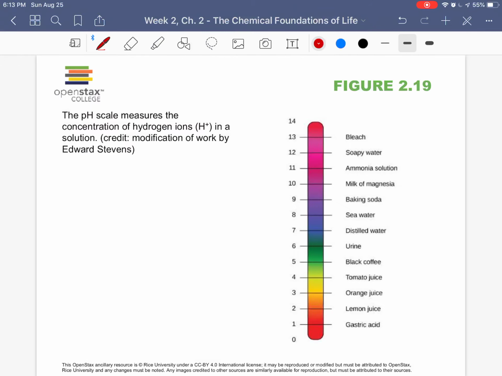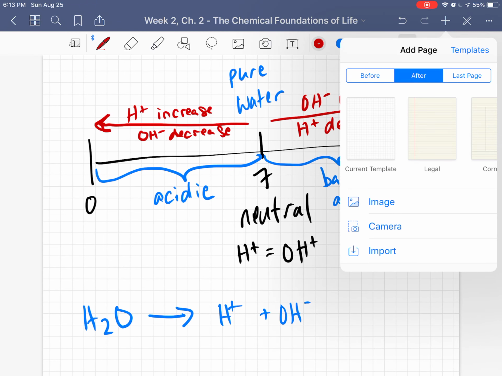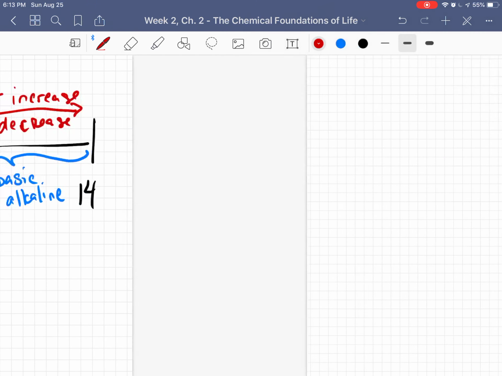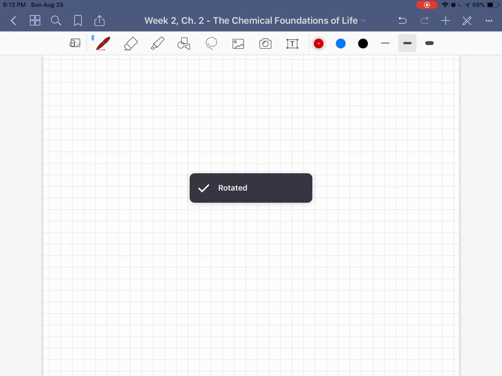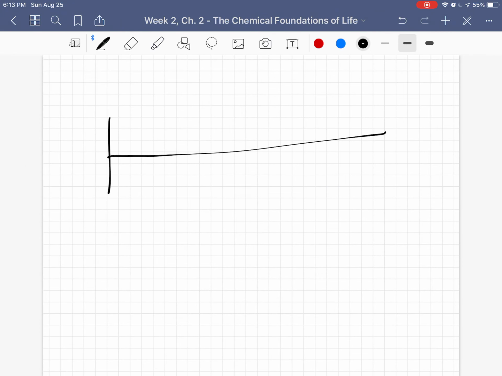Okay. So when you look at the scale, let's just add another page. When you look at your pH scale, if you have something that is a pH of 4 and something that's a pH of 2, 2 will have greater hydrogen ions than 4.